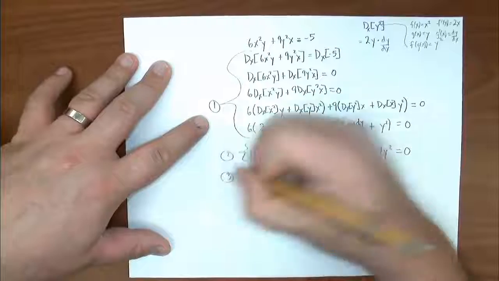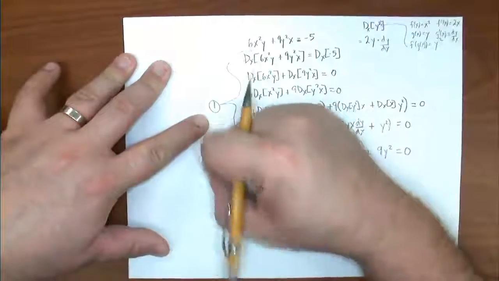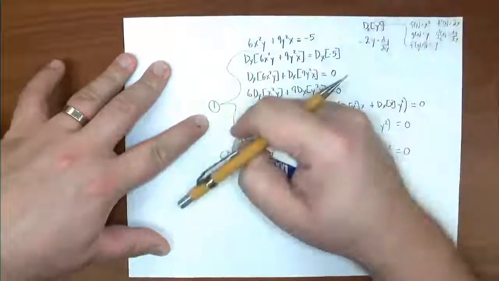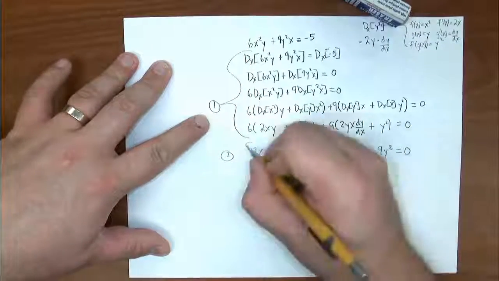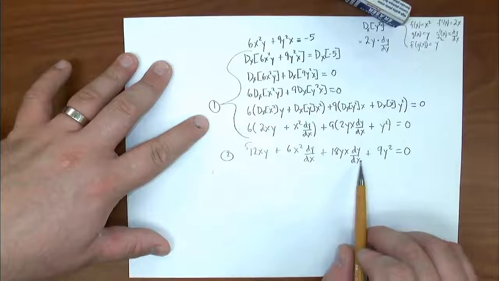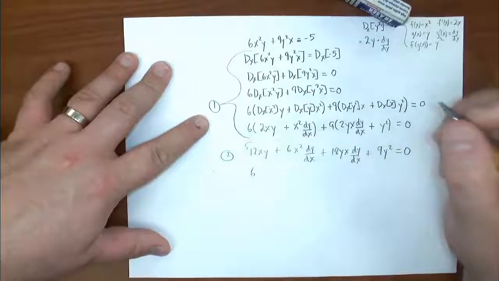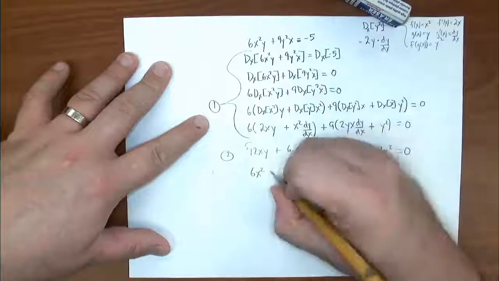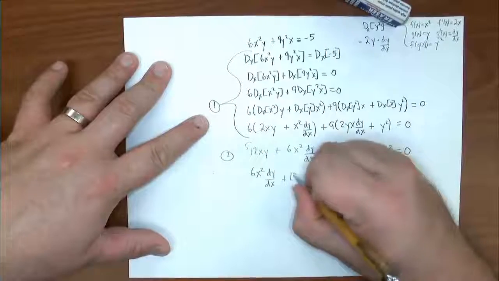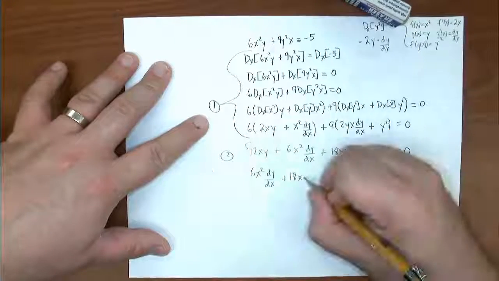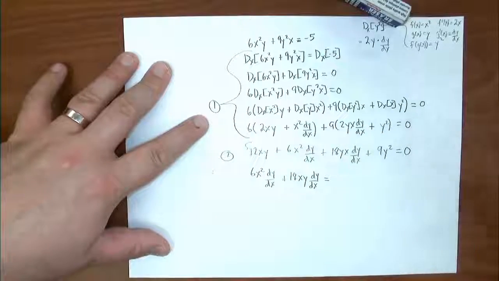Step three is to, actually that's not step two. I'm not done with step two. Step two is to do what I just did, but also to get all of the dy dx terms on the same side. That is the left-hand side. I have them on the left-hand side already, but I'm going to take everything else to the right-hand side. So I have 6x squared dy dx plus 18xy dy dx equals, I'm going to take everything else to the other side.